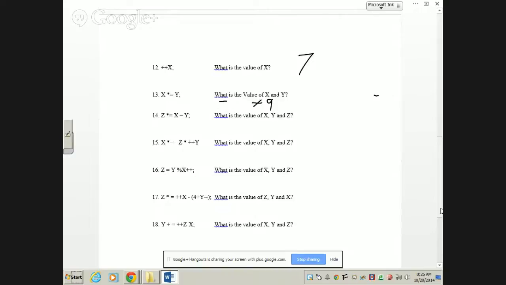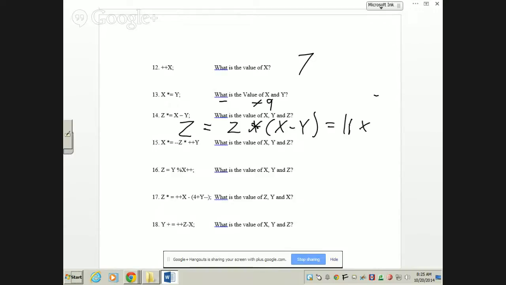Number 14, z times equals x minus y. So that means we have z equals itself times x minus y. When we plug in the original values of all three of those, we have z equals 11 times x minus y.